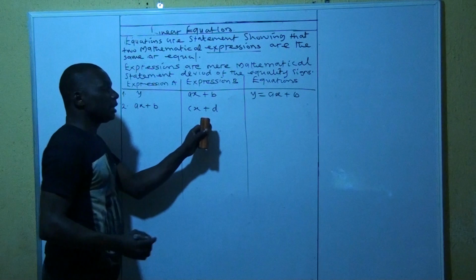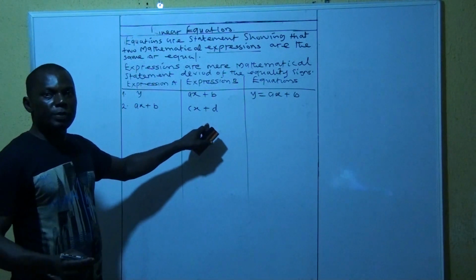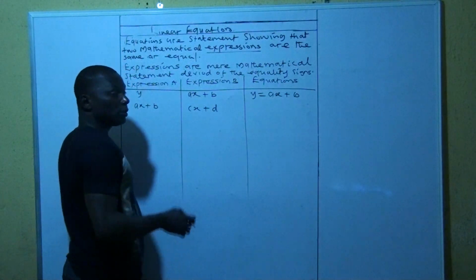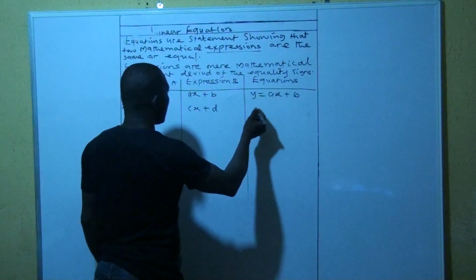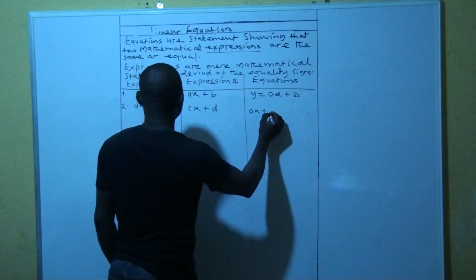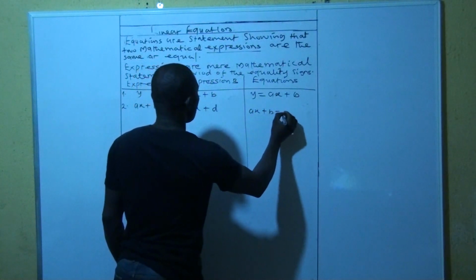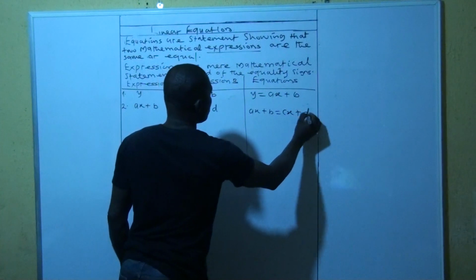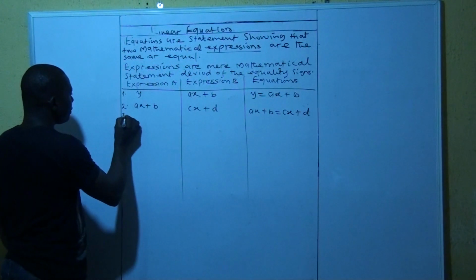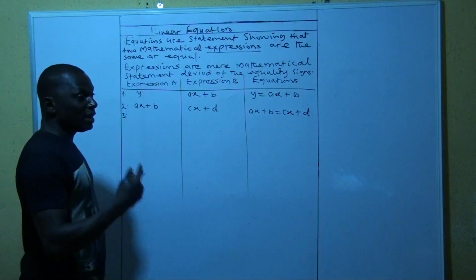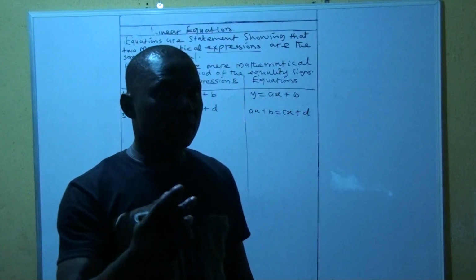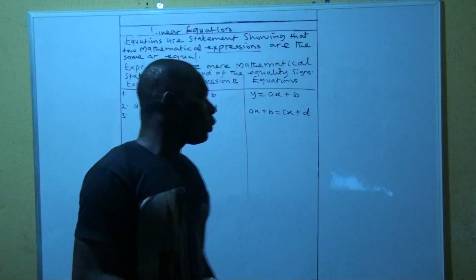To obtain an equation from these two expressions, we just insert the equality sign here. So we have ax plus b is equal to cx plus d. This is how equations are formed. Expressions give birth to equations.